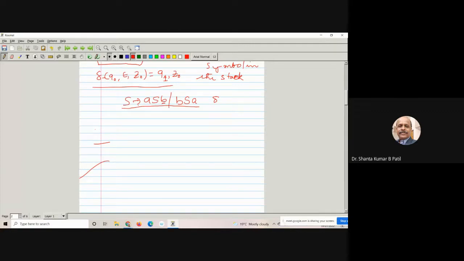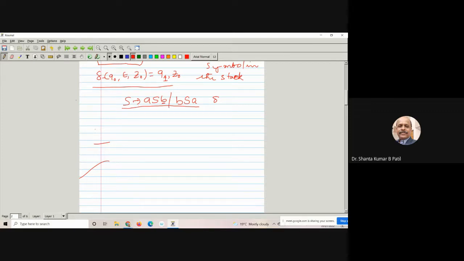There should not be any epsilon production, any useless symbol, or any unit production. If undesired productions are there, you need to convert them into desired ones. If they are not in the Greibach normal form, you need to convert them into the Greibach normal form before finding the equivalent PDA.